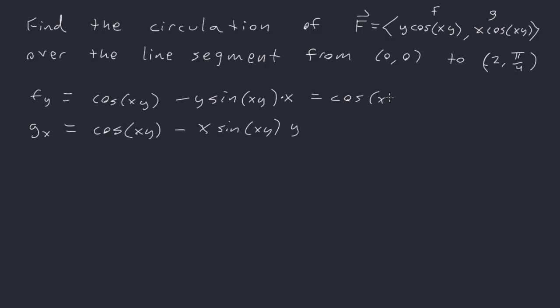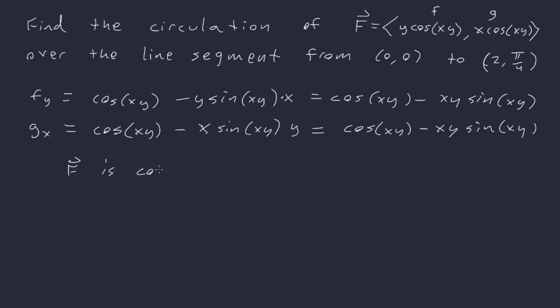And notice that these are going to be the same, because this is cosine of xy minus xy sine of xy. And this will be cosine of xy minus xy sine of xy. So since these are the same, f is conservative.